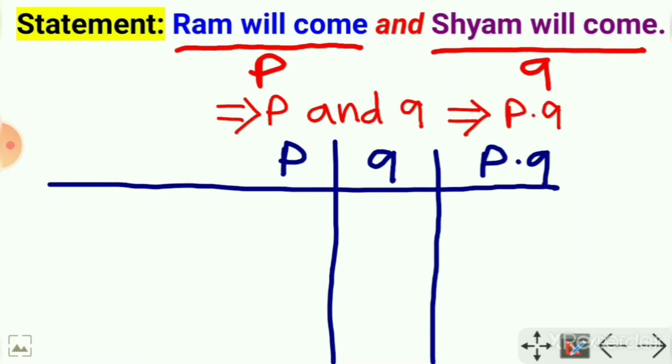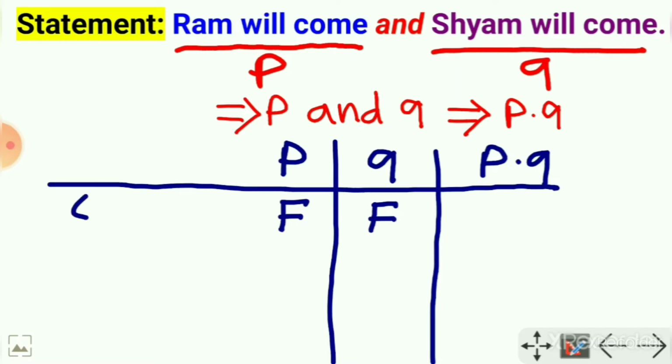The first case can happen that Ram is absent and Sam is also absent. In reality, you see that Ram is absent and Sam is absent. That means P statement is false and Q statement is false, which is case 1.